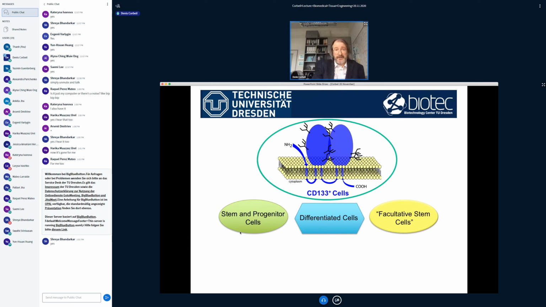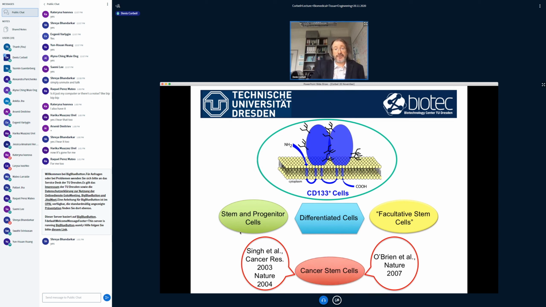These CD133 positive cells became very important in the field because 2 independent groups have shown that this molecule can be used for the isolation of cancer stem cells. There were 2 papers by Sheila Singh in Canada, where they found that you can isolate brain cancer stem cells with this molecule.